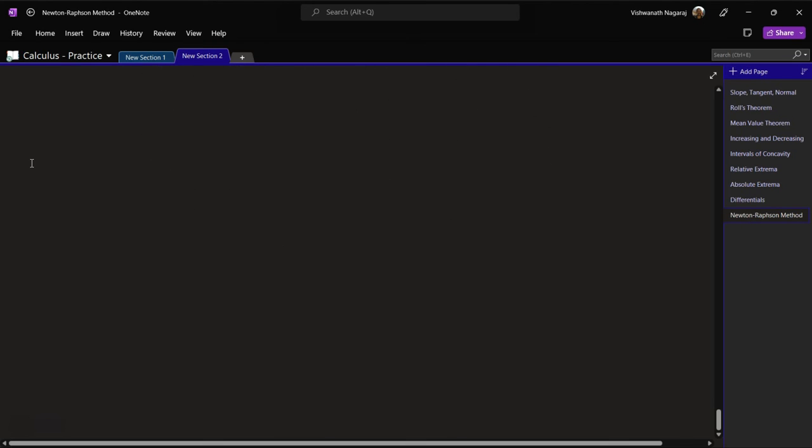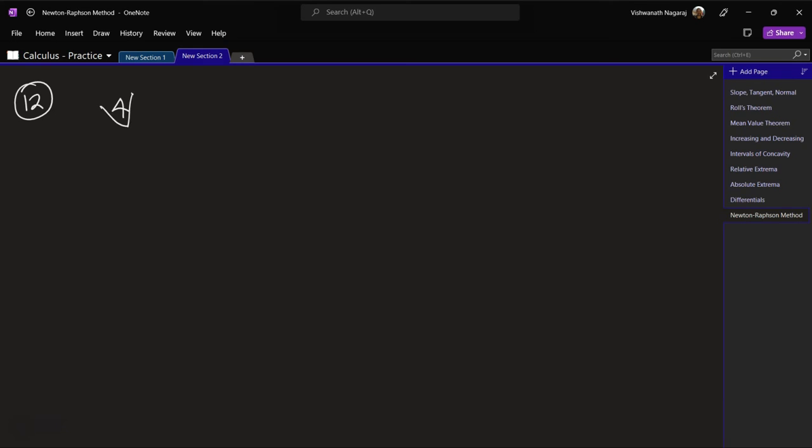Now again, let's change gears. Let's say we have been asked to figure out the fourth root of 6, and we have been given an initial guess of 1.5. First of all, let's convert it into a function. Let's say x equals the fourth root of 6.